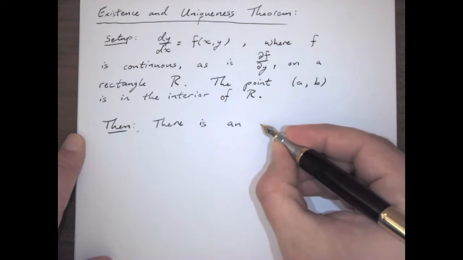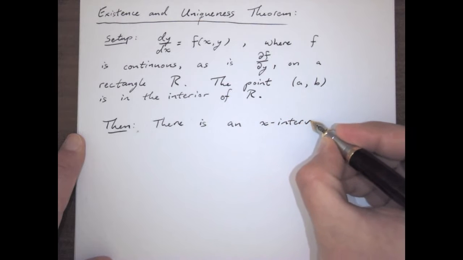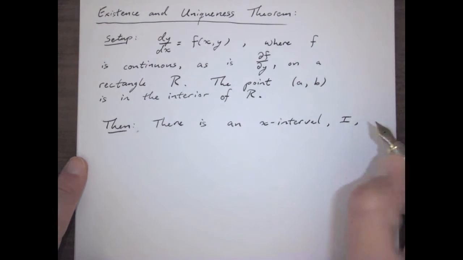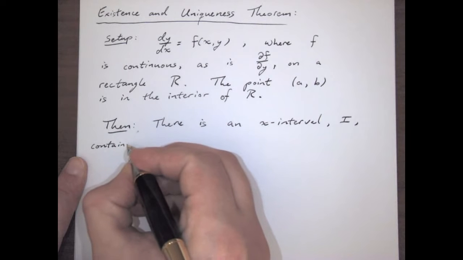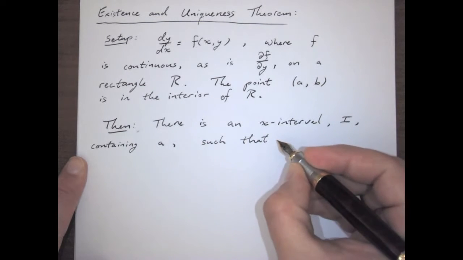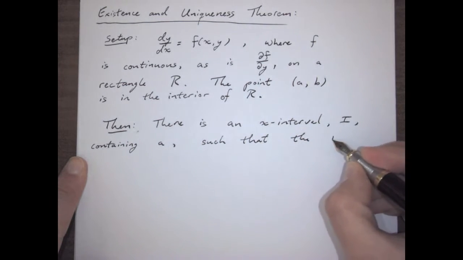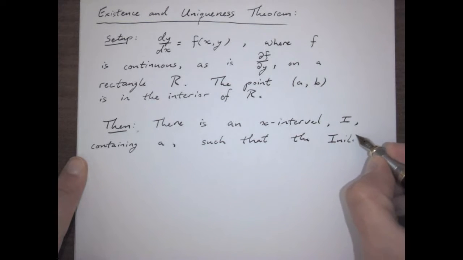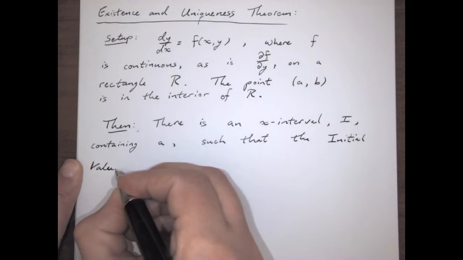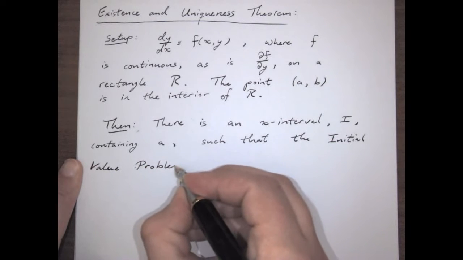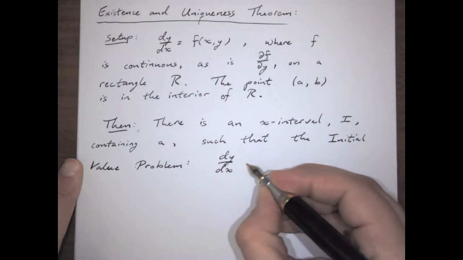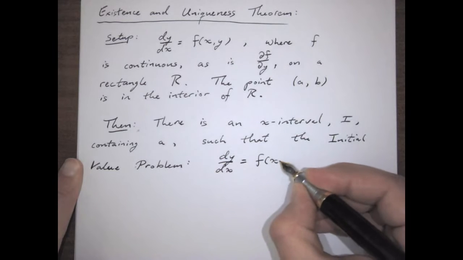There is an x interval I containing a such that the initial value problem dy/dx = f(x, y).